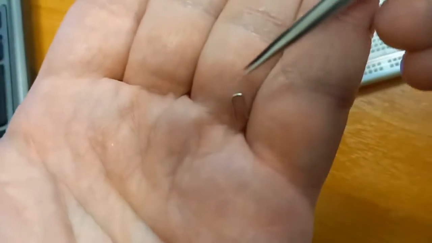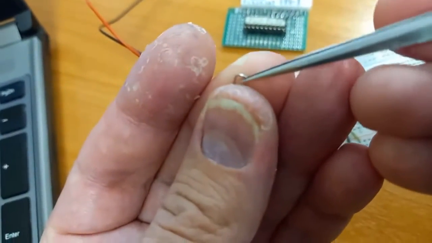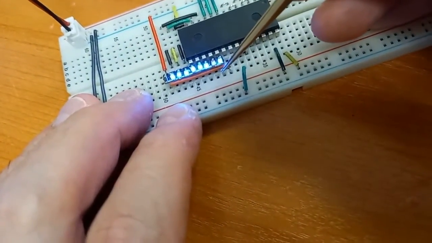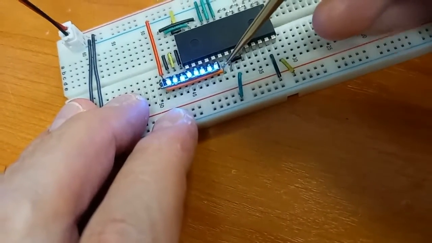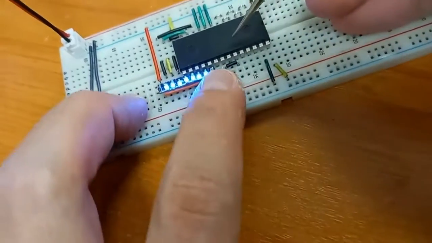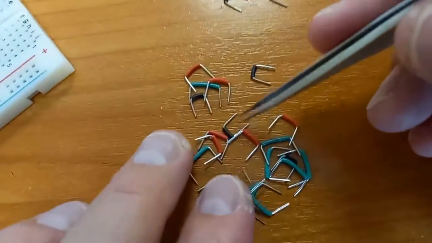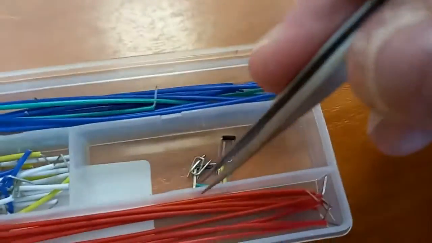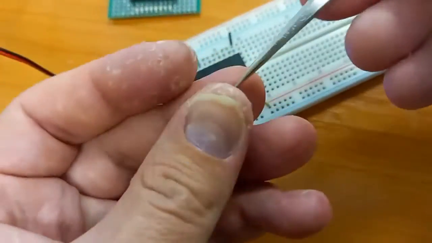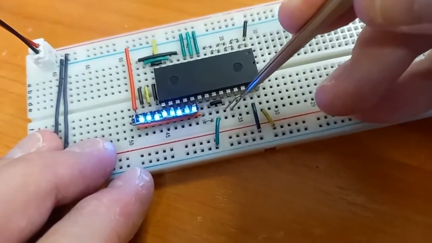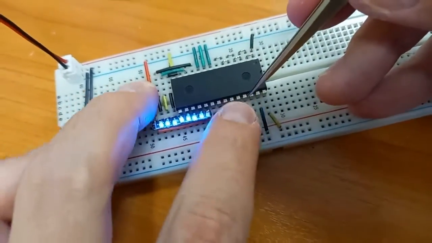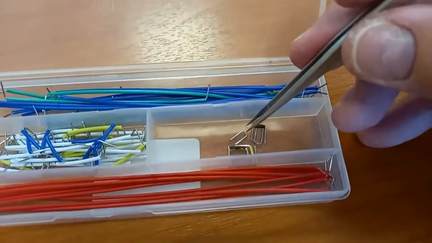We'll give 0 to A10, just like this, and from A10 it goes to 11, then goes over the bridge, like this, and one more bridge.